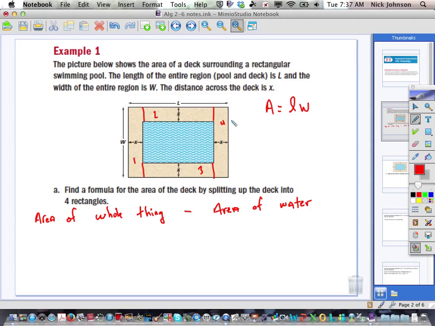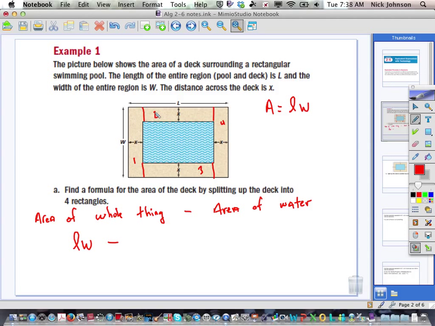If I find the area of this whole thing and I subtract the area of the water, would that give me the area of what I need? Yes. That's going to give me everything else, correct? So this whole thing is W, this whole thing is L. So the area of the whole thing is length times width, minus the area of the water.